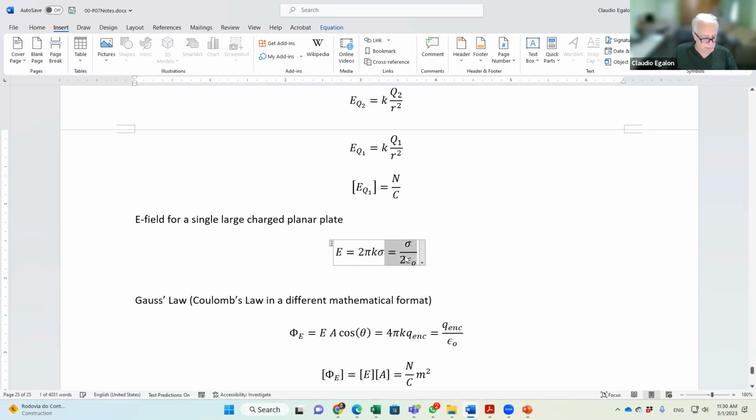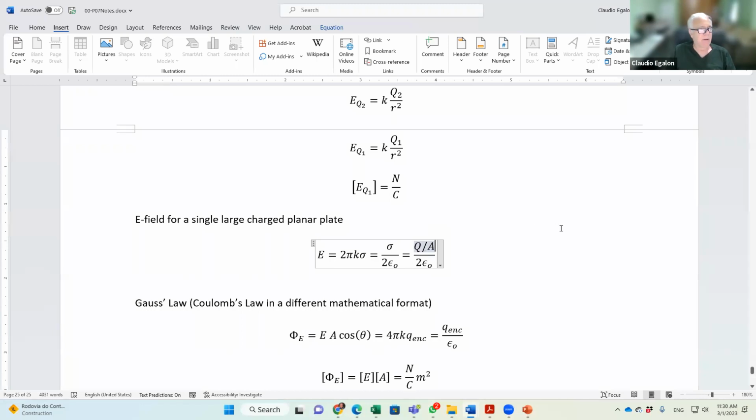And this sigma, what is the sigma? It is the net charge divided by the area.